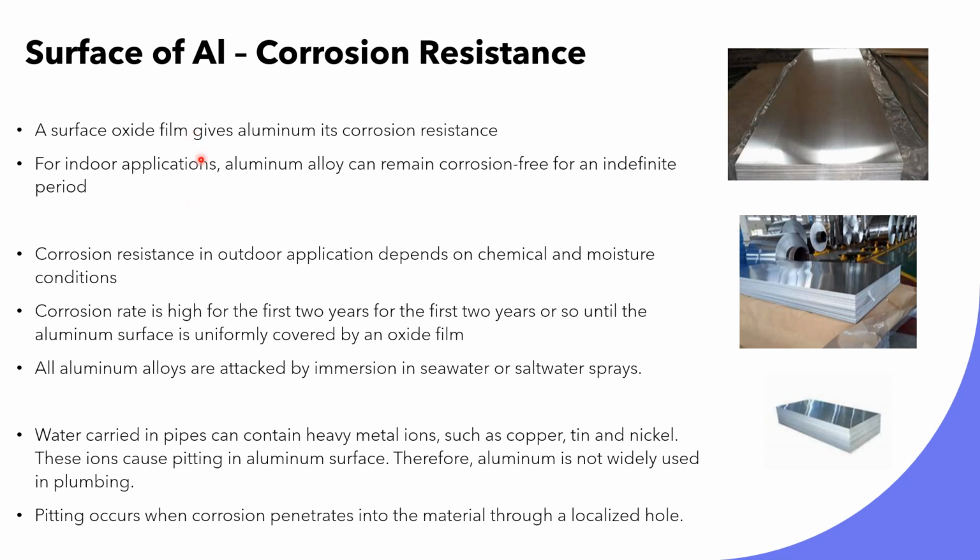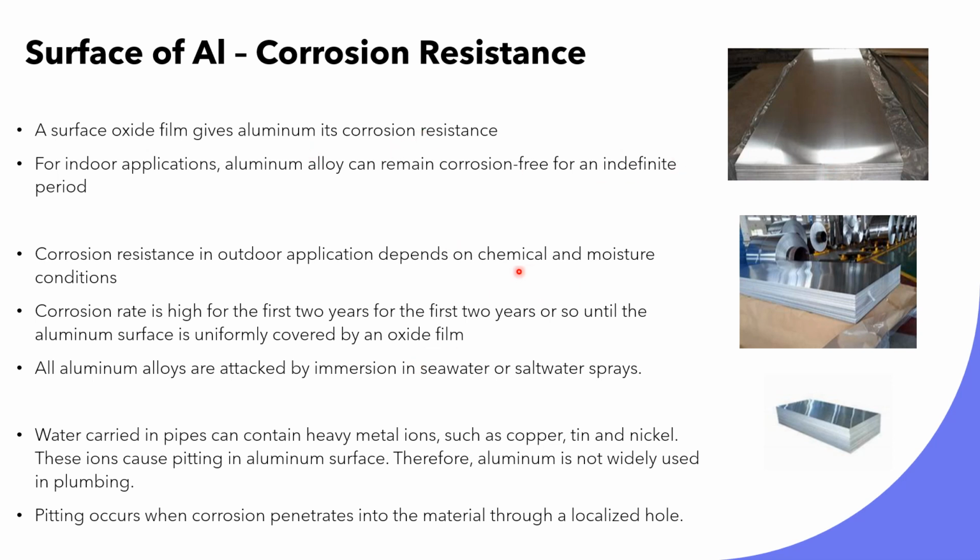Then we'll get into the surface of aluminum, because it's very important for corrosion resistance. Look at how shiny it is. The outside surface film we have here on aluminum is completely corrosion resistant, meaning corrosion cannot happen easily on the aluminum surface.